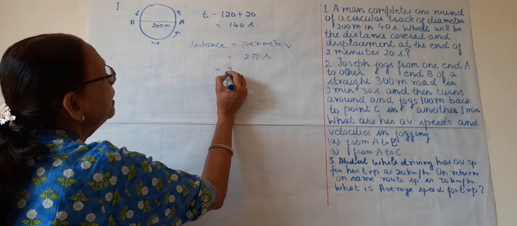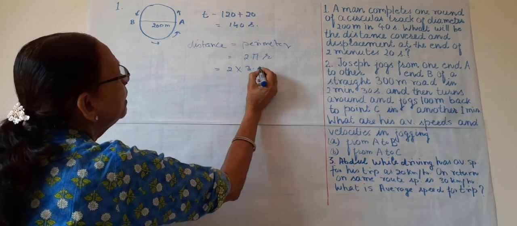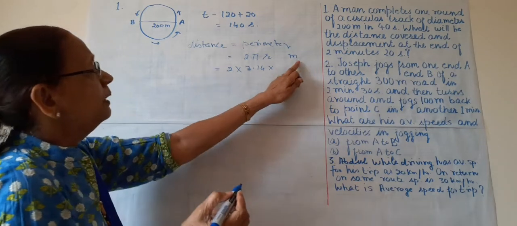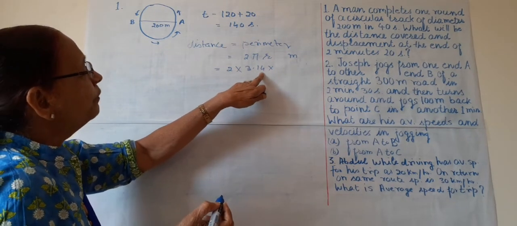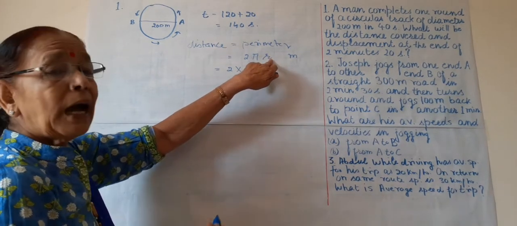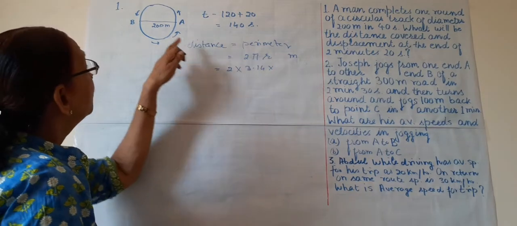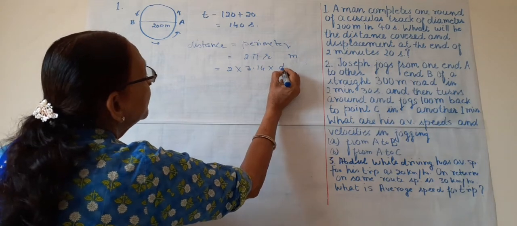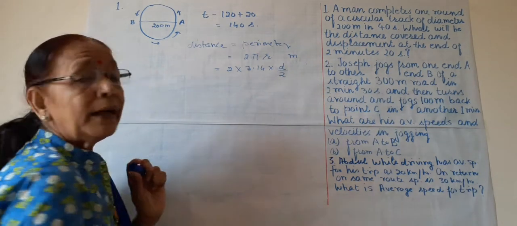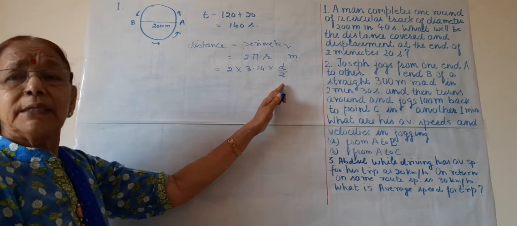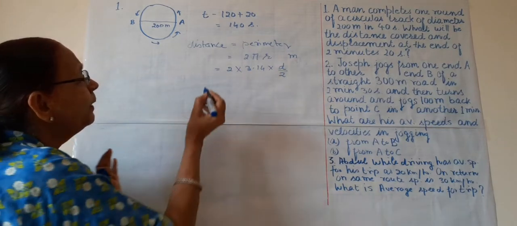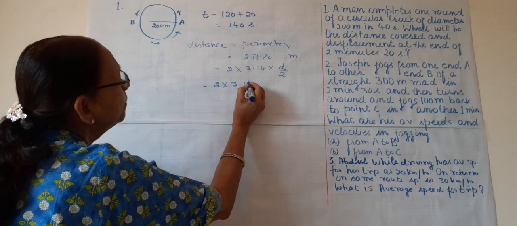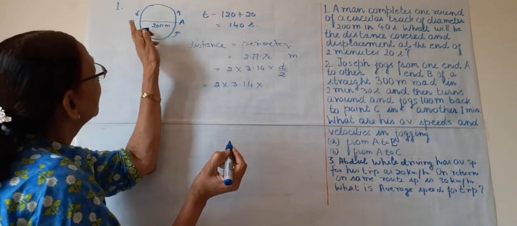So it will be 2 into 3.14 meter. Perimeter is in meters. Pi is 3.14, 2, and what is r? R is radius. So what will be the radius of this circle? Diameter is given. So radius will be d by 2. Half the diameter is radius. So the radius will be d by 2, or 2 into 3.14 into how much is the radius?